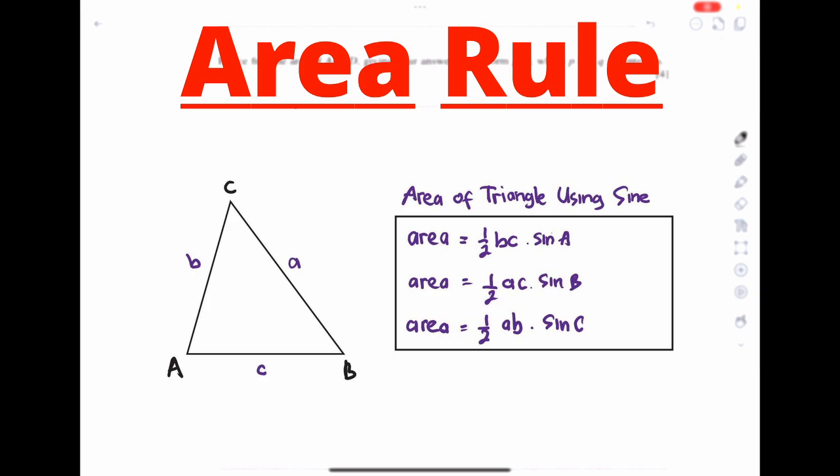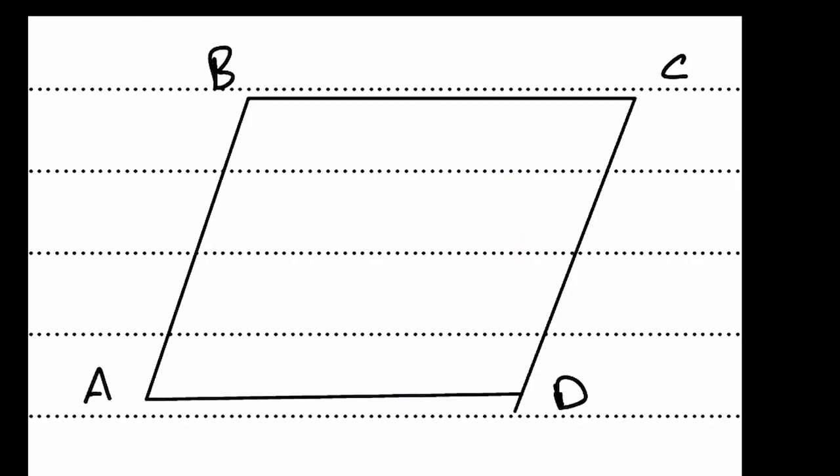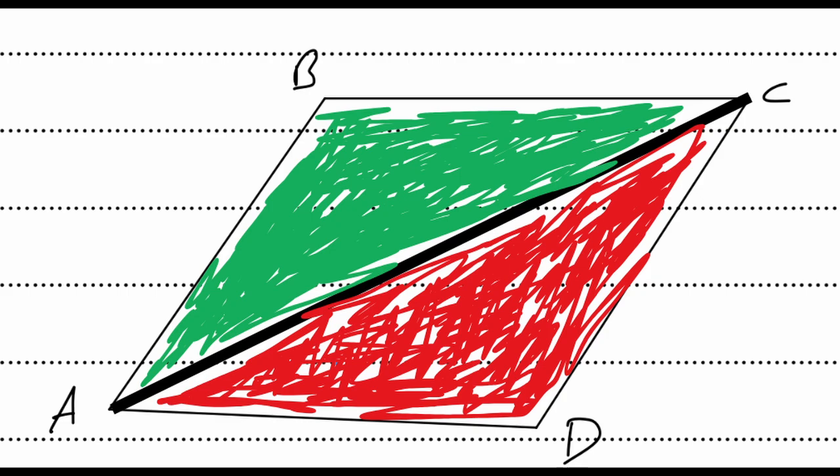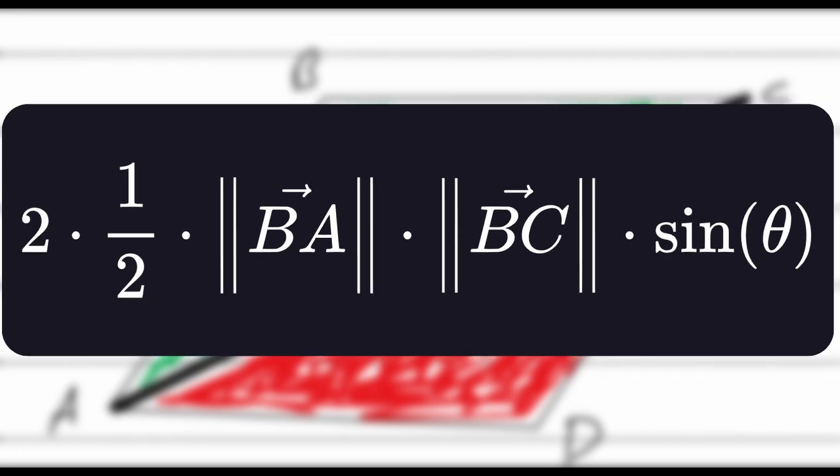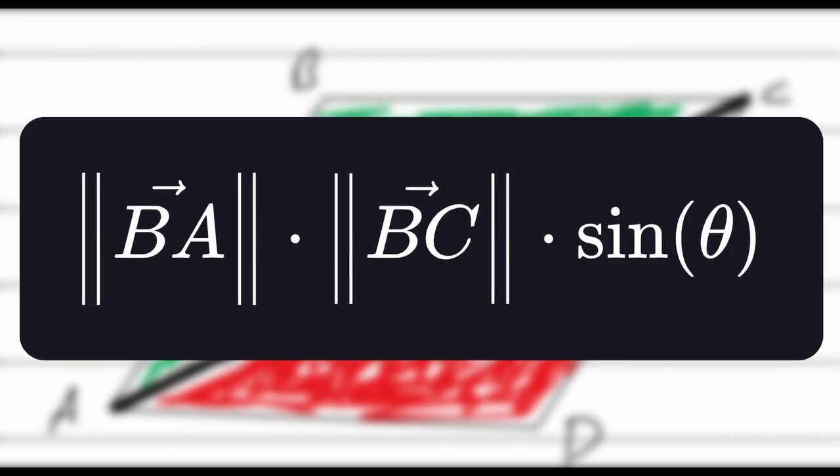So then, remember that a parallelogram is nothing but 2 triangles put together, which means we can apply this for each triangle, which means our equation changes from half times BA times BC sine theta to 2 times half times BA times BC sine theta, which is BA times BC times sine theta.